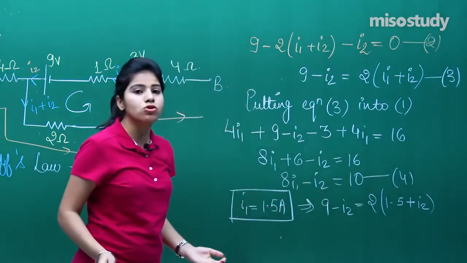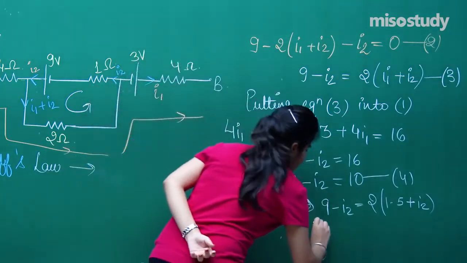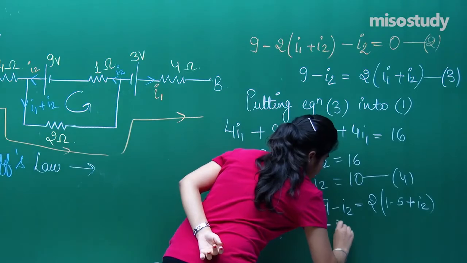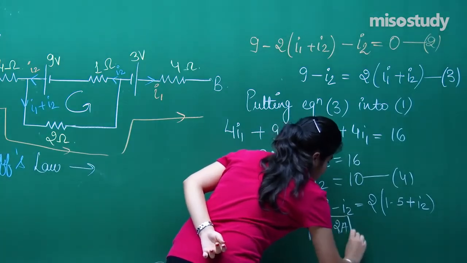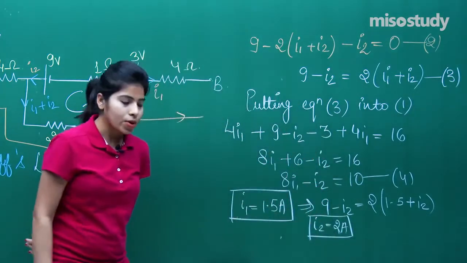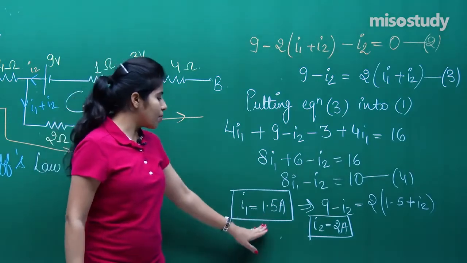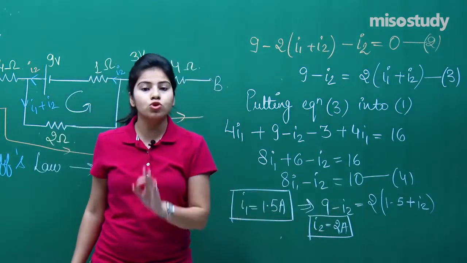When you solve for this, you will see that your I2 comes out to be 2 ampere. Are you able to see this? Okay. So I1 has come out to be 1.5, I2 has come out to be 2 ampere.